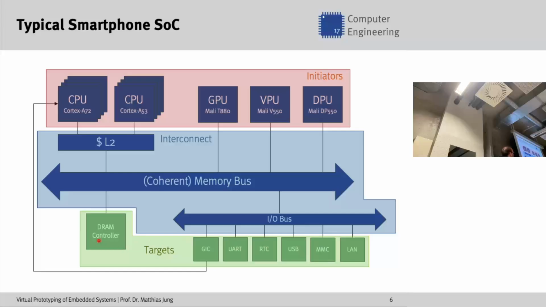So each component here has a specific address, and if you address in this range, you will end up in the DRAM. And the CPU usually initiates communication, and these components are targets of communication, and interconnect is usually just forwarding things.